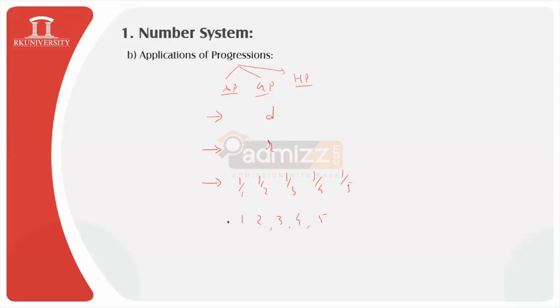If this reciprocal sequence is an arithmetic progression, then the given sequence is in harmonic progression.